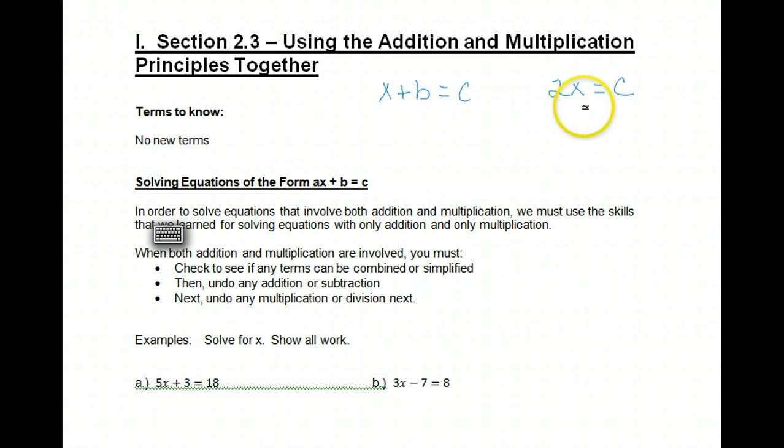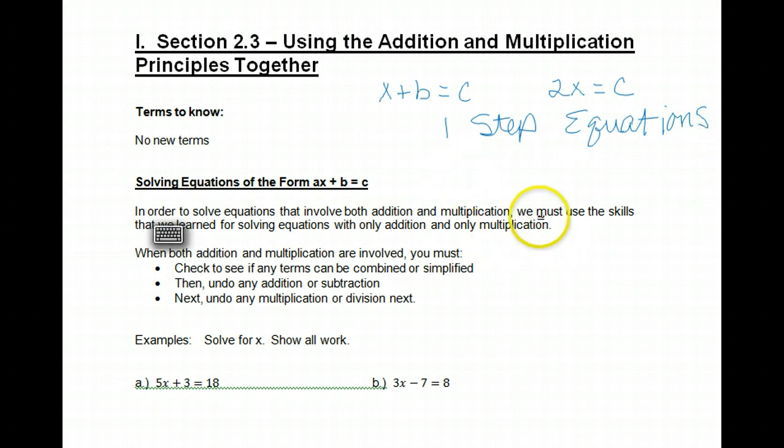For the multiplication and division problems, we do the exact same thing. We undo multiplication using division. We undo division using multiplication. These problems up here were called one-step equations because we only had to perform one step in order to solve for our variable.